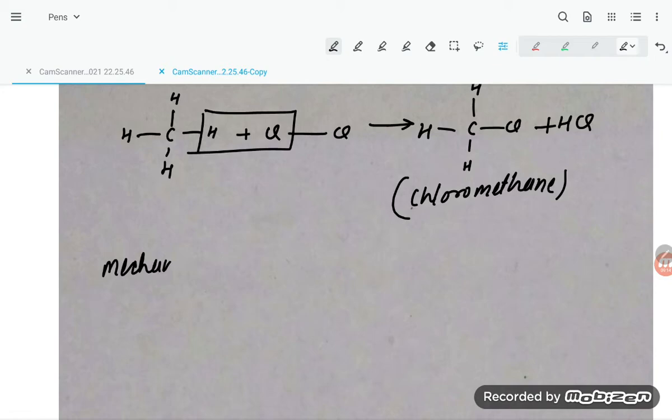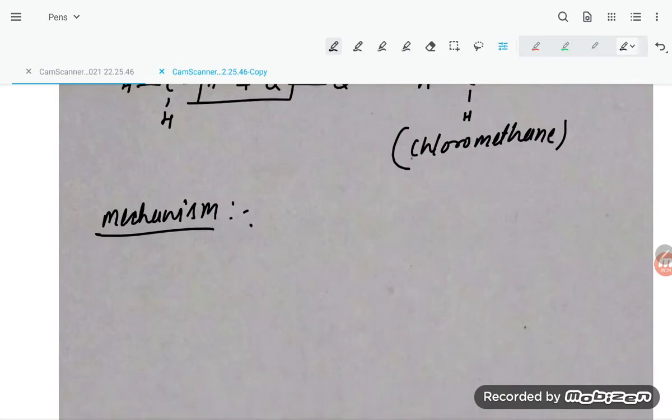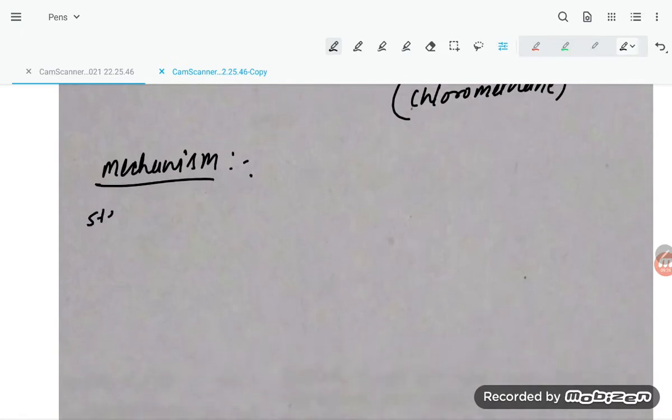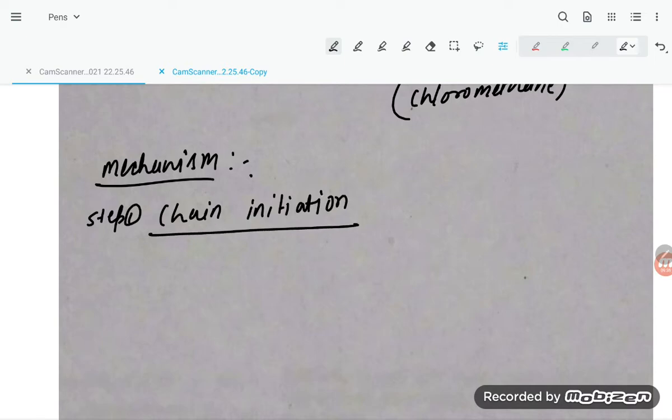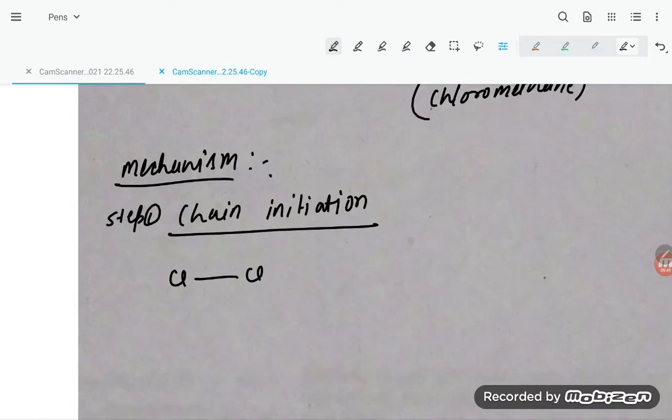The mechanism involves three steps. Step number 1 is chain initiation. In chain initiation, the Cl-Cl bond is a weak bond due to lone pair repulsion.